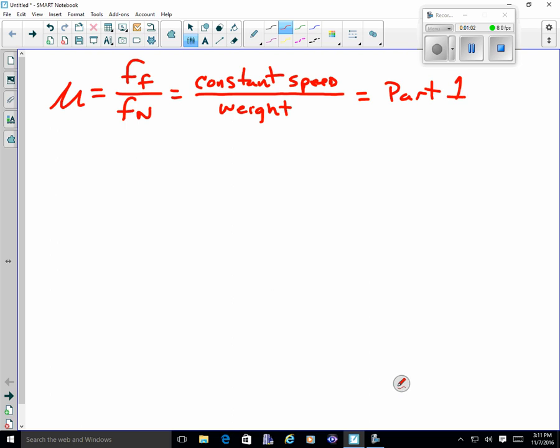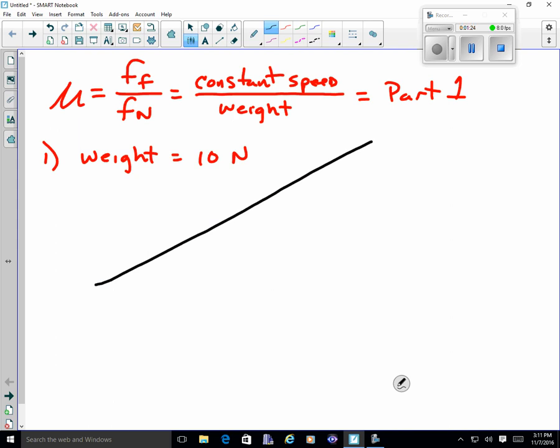Now on part 2, let's just say on number 1, I'm going to make this up. Do not put this on your sheets. Let's just say the weight of the object was 10 newtons. Well, that is not the normal force because on this particular one, you actually have a ramp. And this ramp is at a 45-degree angle.